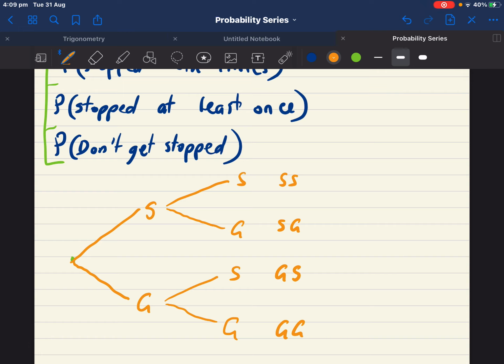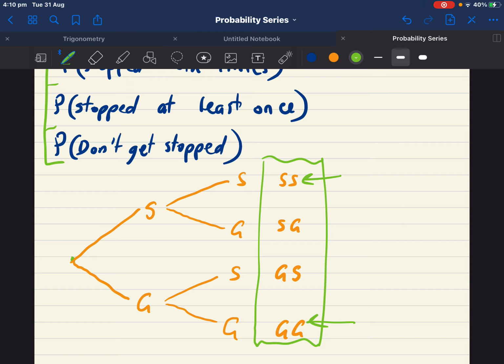But it's not quite the case here because the probability of each of these things is not the same. The probability of you getting stopped twice, this situation right here, is actually far more likely than the case where you get to go through both times, right?